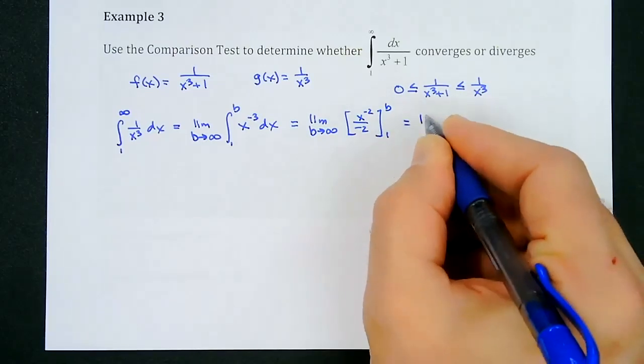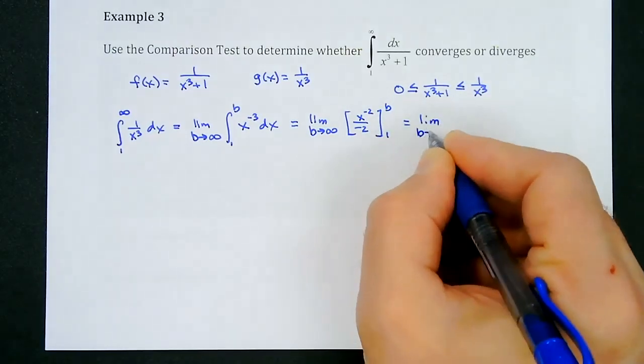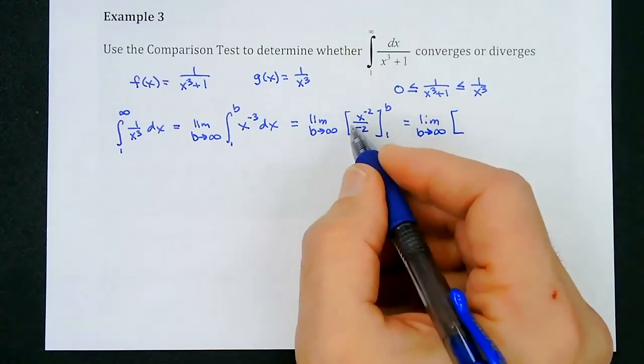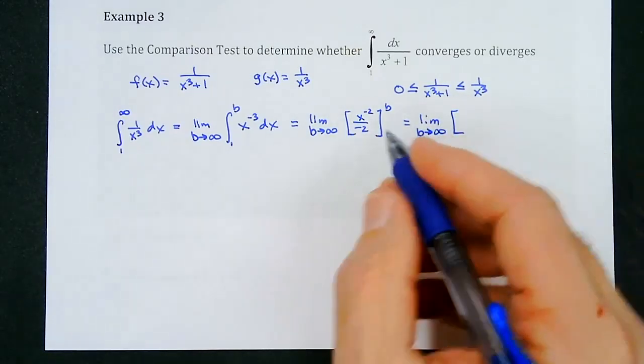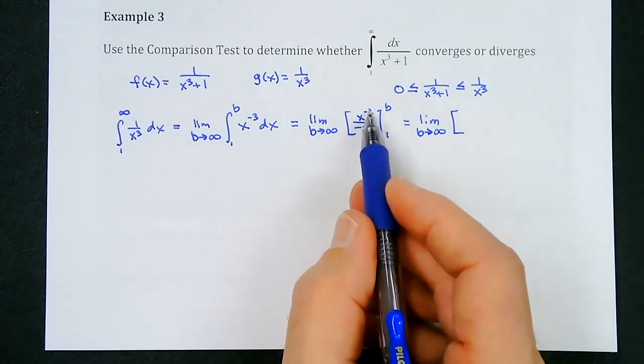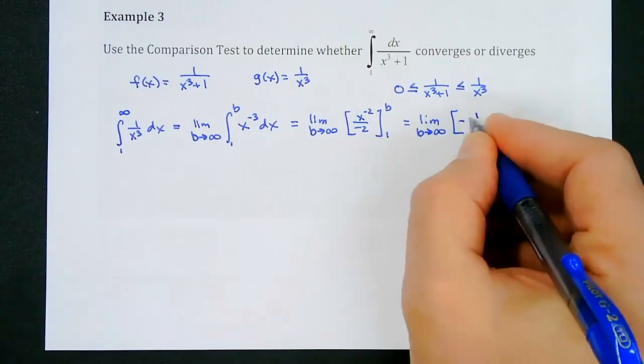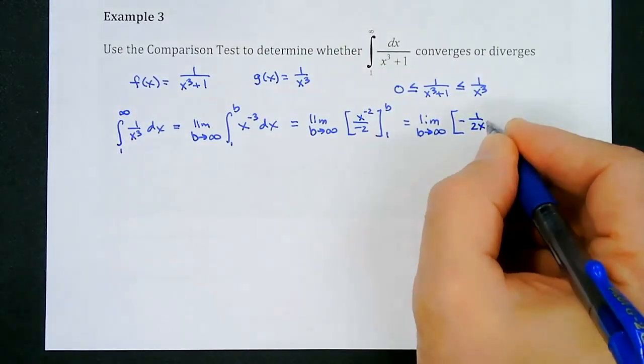I want to rewrite this as negative 1 over 2x squared, and then evaluate it.